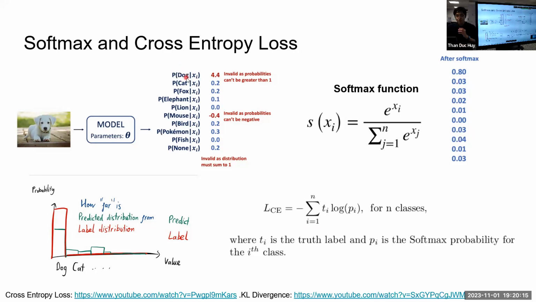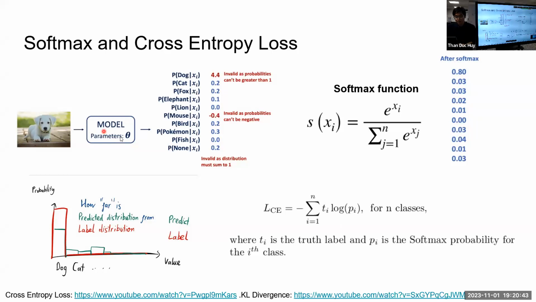Each node carries a value, right? What might that value mean in our context? It can mean the probability of a dog given the input. x_i in this case is the input. So given this image of a dog, what is the probability of it being a dog? That is one way we can interpret the final layer of the neural network.